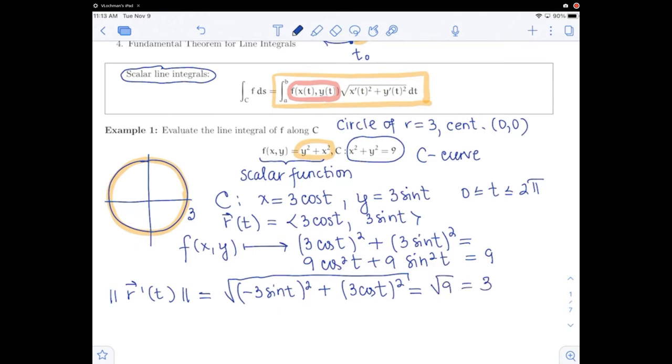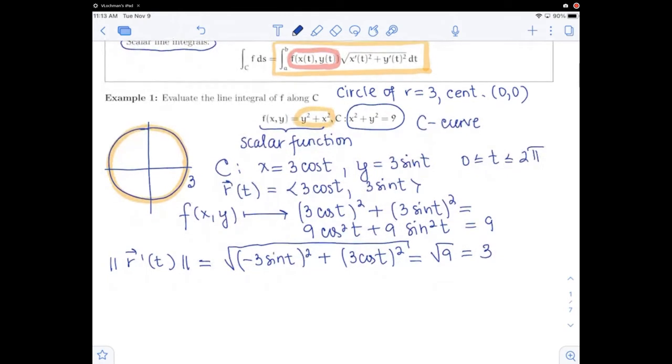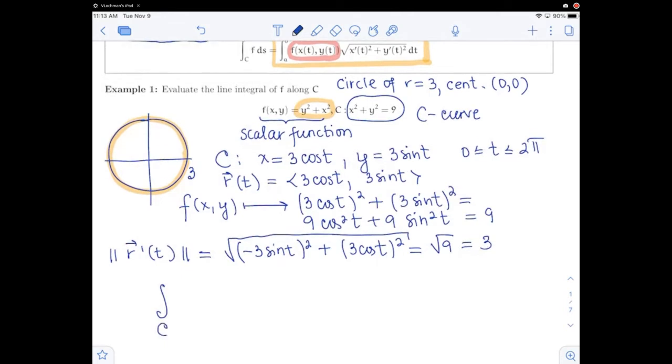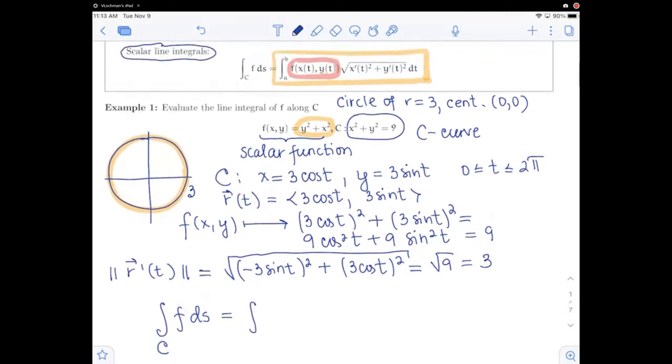And now we can put all the pieces together. So what is this integral equal to? Our line integral. And right here, we're writing C for curve, so that represents line integrals. Okay, f ds, that's like compact notation for your line integral. What is it? It's an integral that goes from 0 to 2 pi. F of t is equal to what?